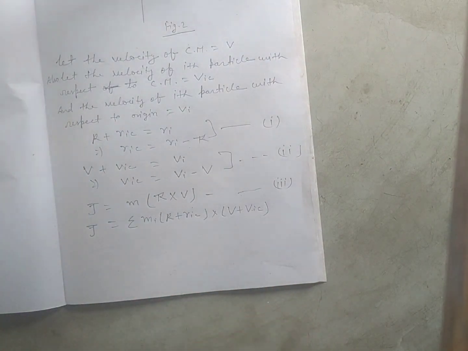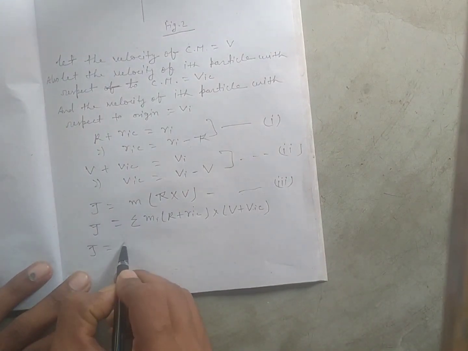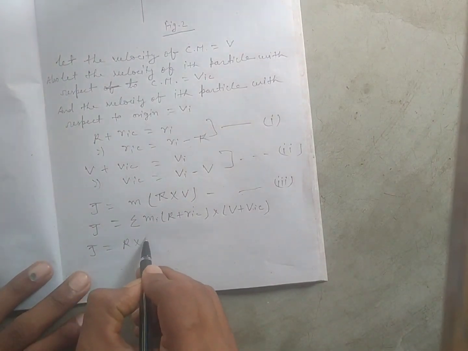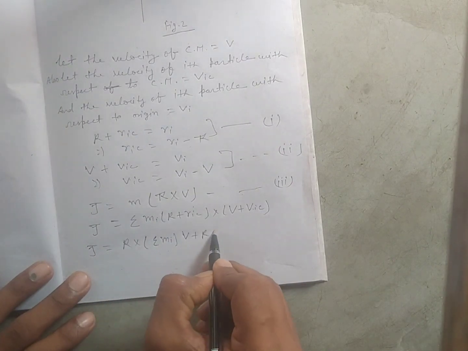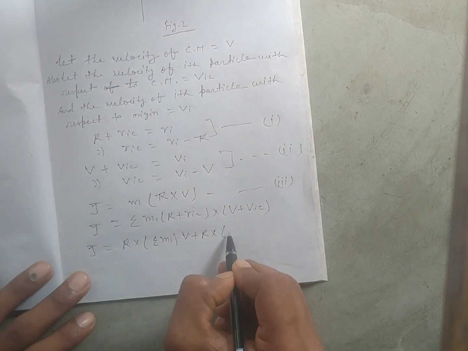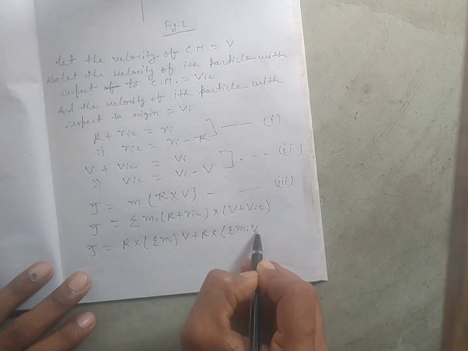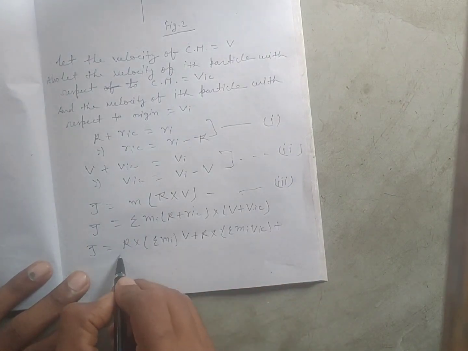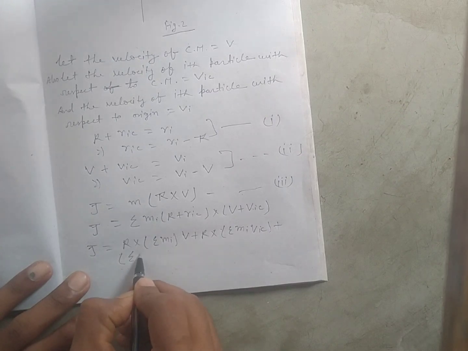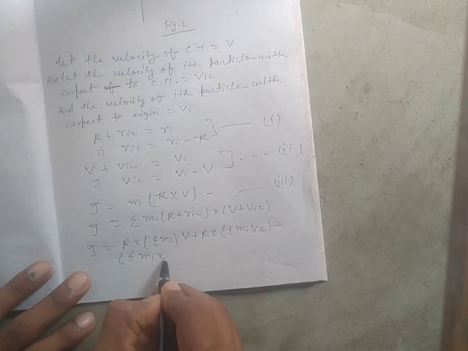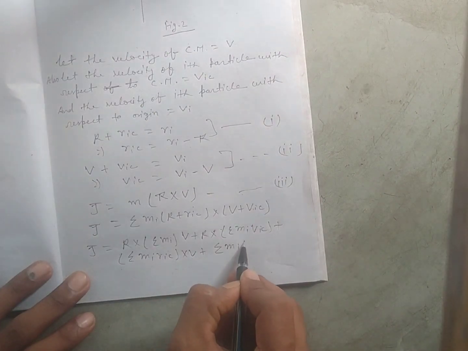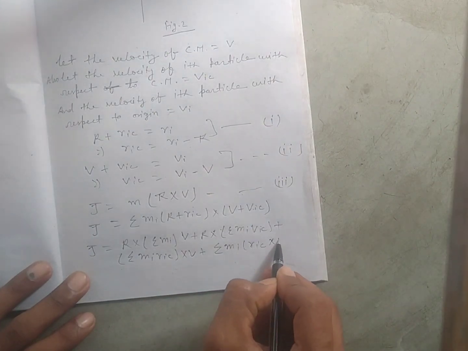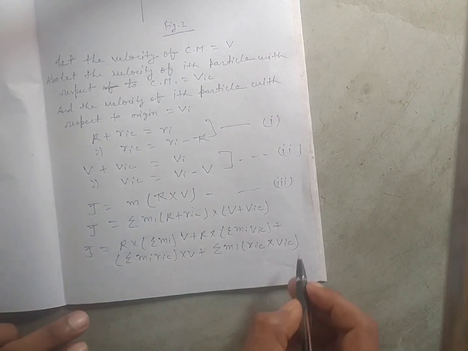Applying the vector triple product rule and expanding this, we get J equals sigma mi R cross V plus R cross sigma mi Vic plus the remaining terms.